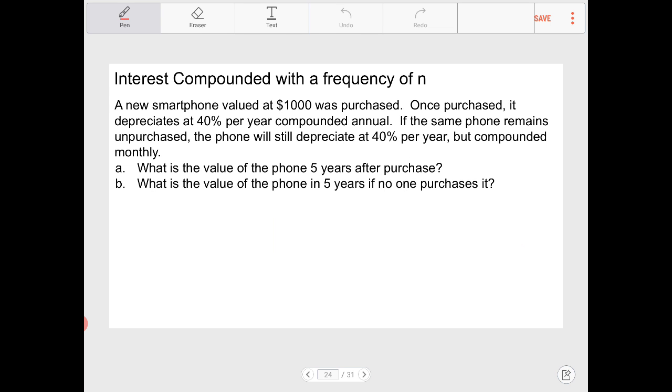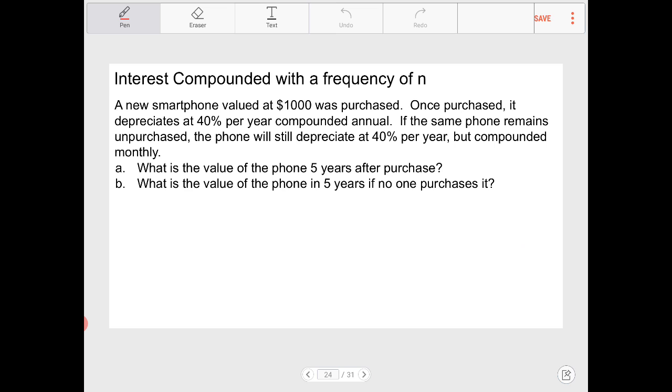Suppose a new smartphone valued at $1,000 was purchased. Once purchased, it depreciates at 40% per year, compounded annually. If the same phone remains unpurchased, meaning it's in the store and no one buys it, the phone will still depreciate at 40% per year, however, it's going to be compounded monthly.